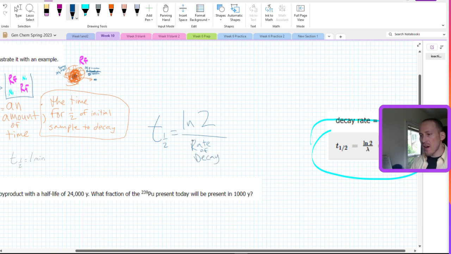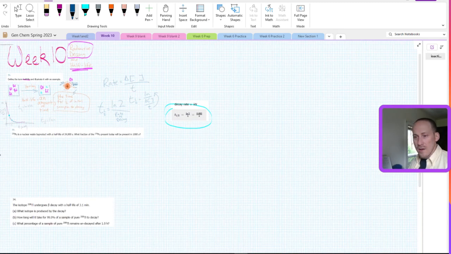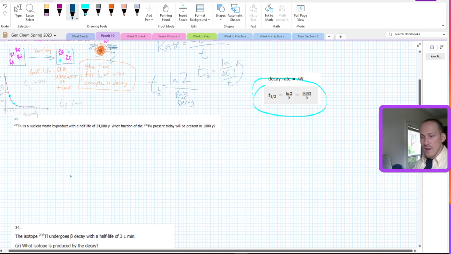A half-life is an amount of time. A rate is going to be the change in concentration over time. So the half-life as time is going to be the log of 2 over the change in concentration over time. The time ends up flipping up top, and this divides, and that's how we get a time statement. And we're going to use that to solve these questions right here.